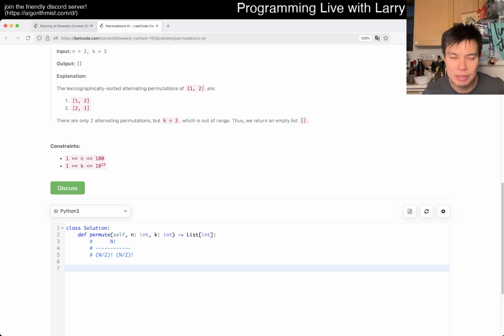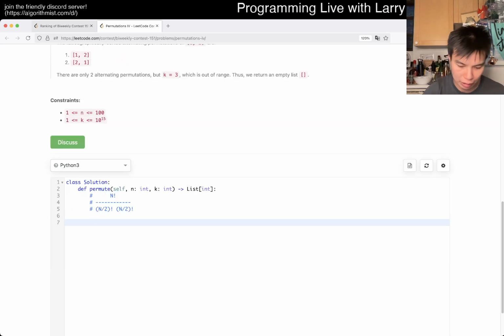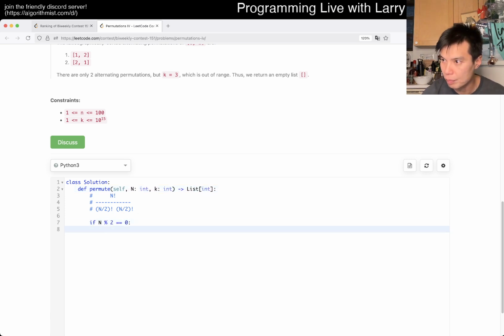All right, let's focus on the even case first. I mean, maybe it's not that bad, honestly. Okay, so if this is even, then we just want n factorial squared.